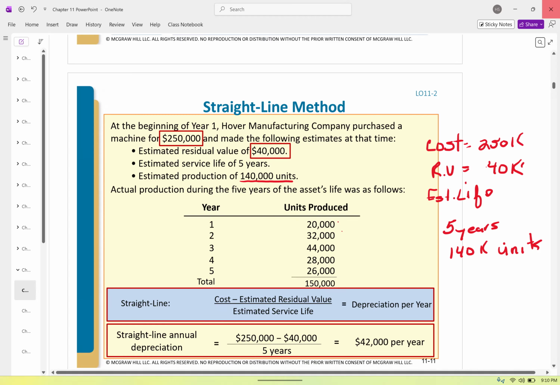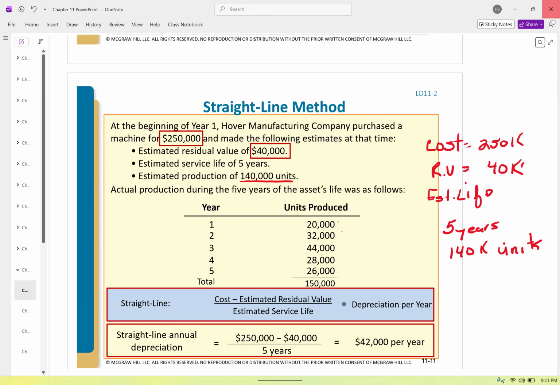The first one we're going to do is the easiest and probably the most common of all depreciation methods. It is straight line. We just take the cost minus that estimated residual value and we get the depreciation per year. It is the same. We can make the exact same journal entry for all 5 years. That is why it is most commonly used, because it is very easily calculated.